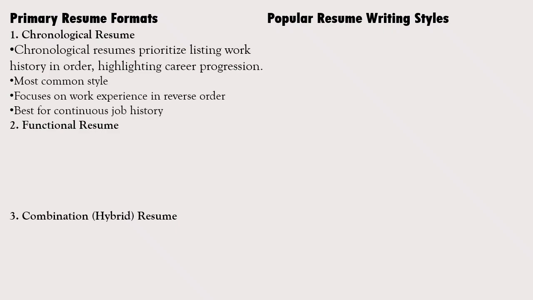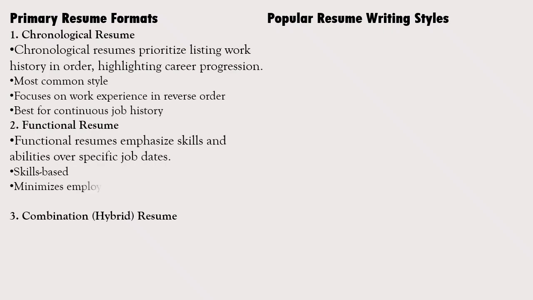If you are writing in reverse chronological order, you are writing the most relevant experiences first and you are going down the timeline. Chronological resumes prioritize listing of work history in order, highlighting career progression, and this is the most common style of writing. It focuses on work experience in reverse order sometimes. But this is very best for continuous job history.